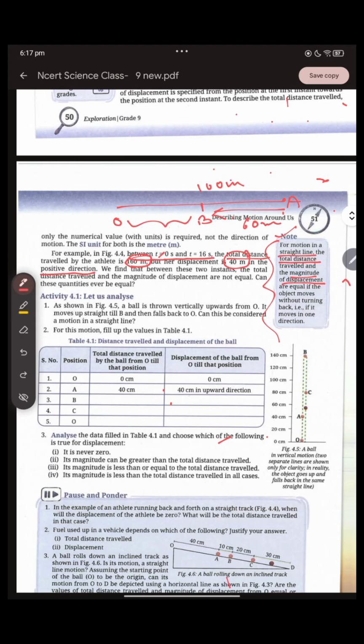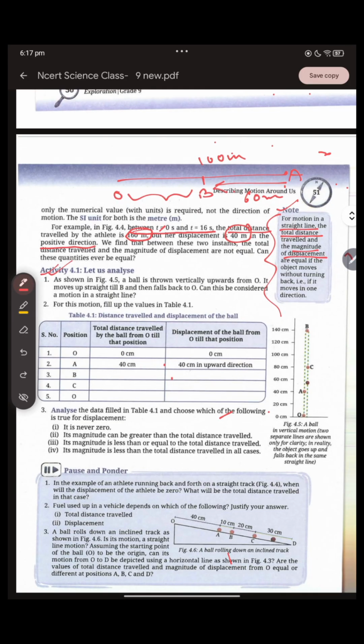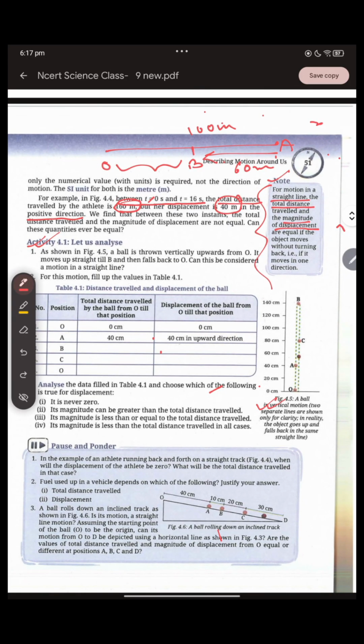Now activity 4.1 as shown in figure 4.5. So let us see which one is 4.5. This is your 4.5. As shown in this figure, a ball is thrown vertically upwards from O and it moves up straight till B. This is B, the highest point, and then falls back to O again.